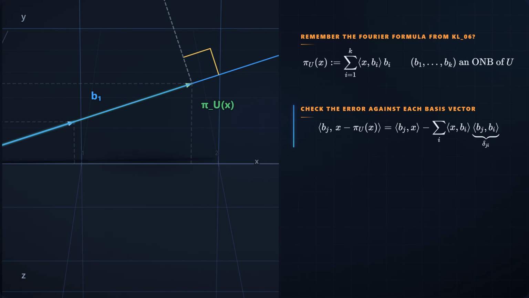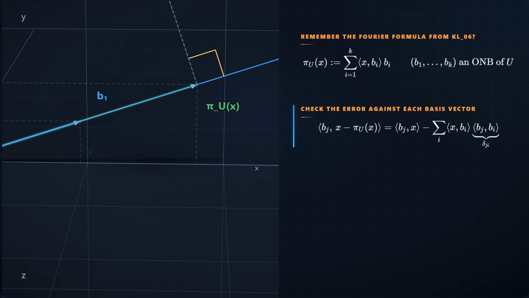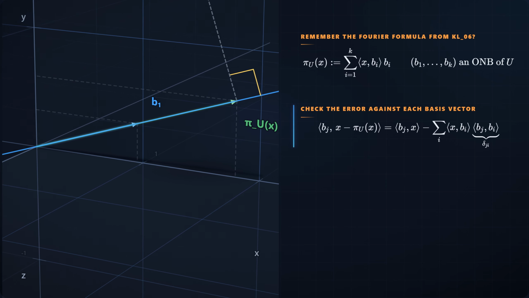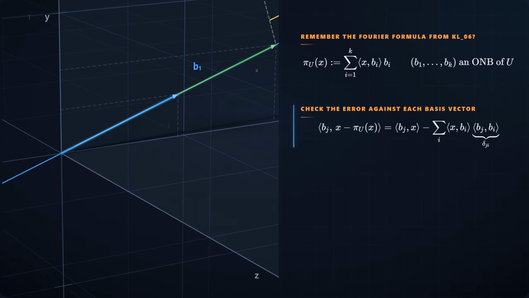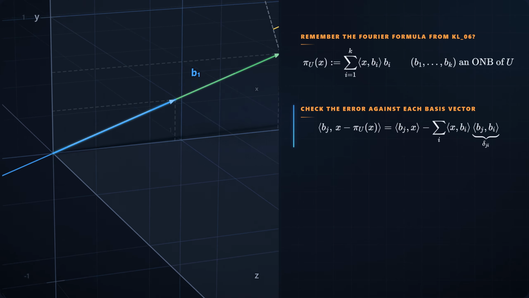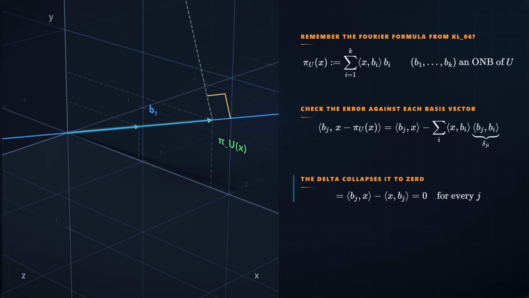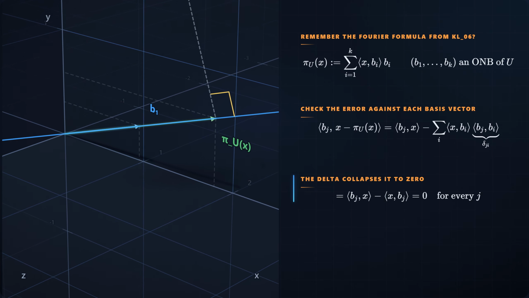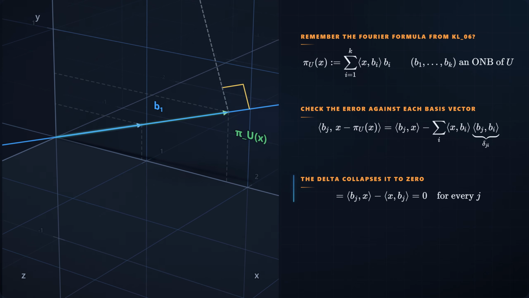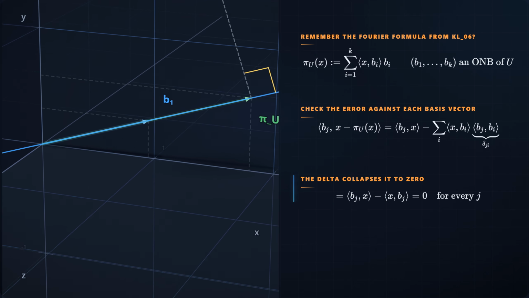Bold claim. Prove that this pi U of x really is the closest point, not just some plausible-looking vector. By the theorem, I only need one thing, the error perpendicular to U. And to check perpendicular to all of U, it's enough to check against each basis vector, b_j, with x minus the projection. Bilinearity spreads it out, and orthonormality, the Kronecker delta, kills every term except the matching one.